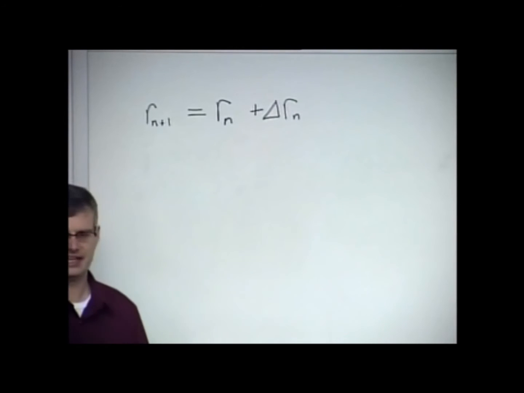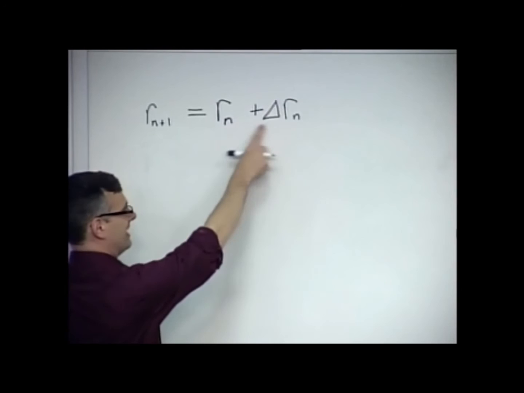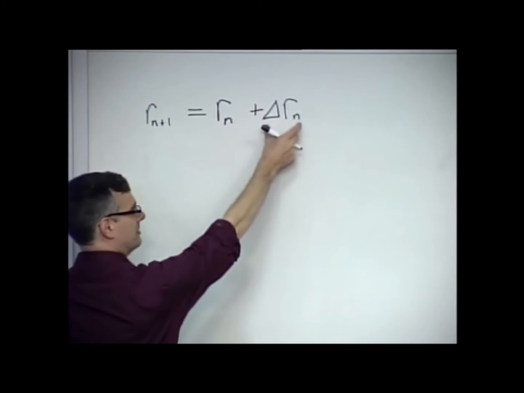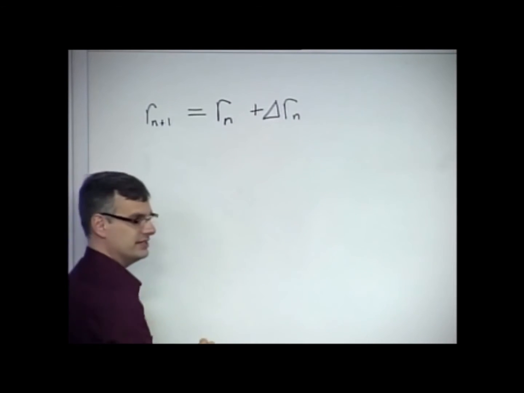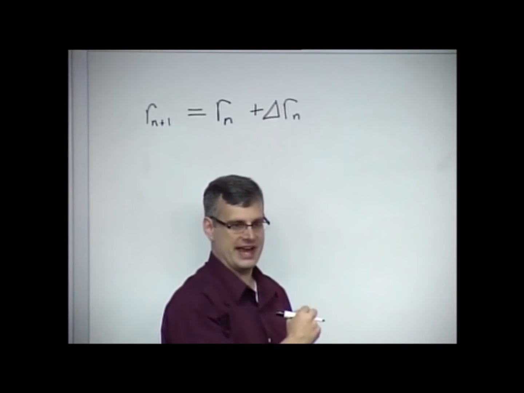Well, that makes a lot of sense, right? If this is my starting point, and I know what my r velocity is, I just multiply it by delta t. That gives me my delta r sub n increment. And that's what I'm going to move to the next point as.